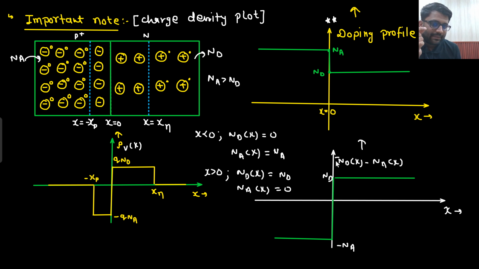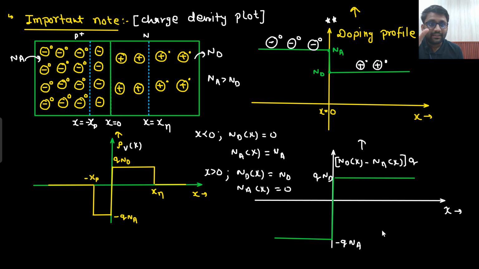If I multiply this particular graph with Q, here I am getting total negative charge and here I am getting total positive charge. Basically, here I am doping only this thing and here I am doping this thing.